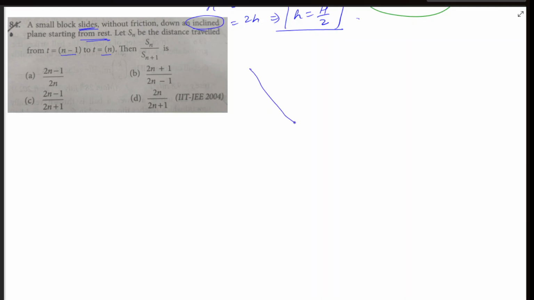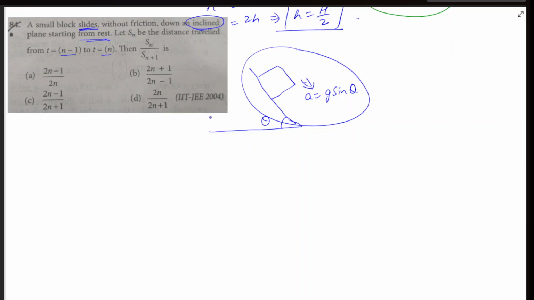That is an interesting question. So let's say this is theta and this is our block. Now it is sliding on the inclined plane. So we know the acceleration of this object will be, a is equal to g sine theta.